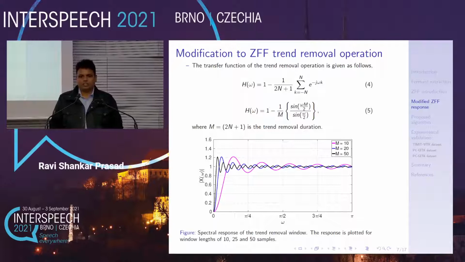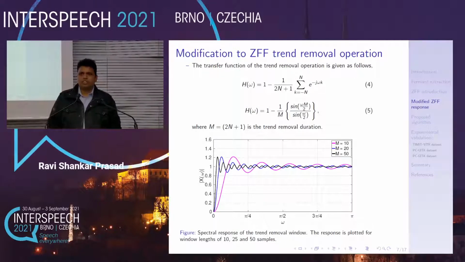But as we make the duration shorter, where 2N plus 1 is the duration of the trend removal window in equation 4, the corresponding peak in the spectral response starts moving to higher frequencies, like the blue and the pink curves. Also, while moving forward, it exhibits a higher bandwidth.